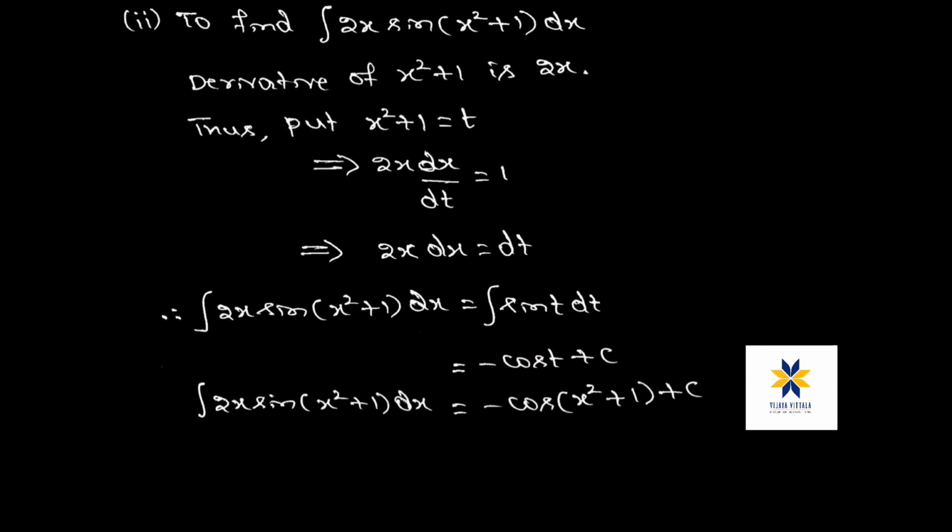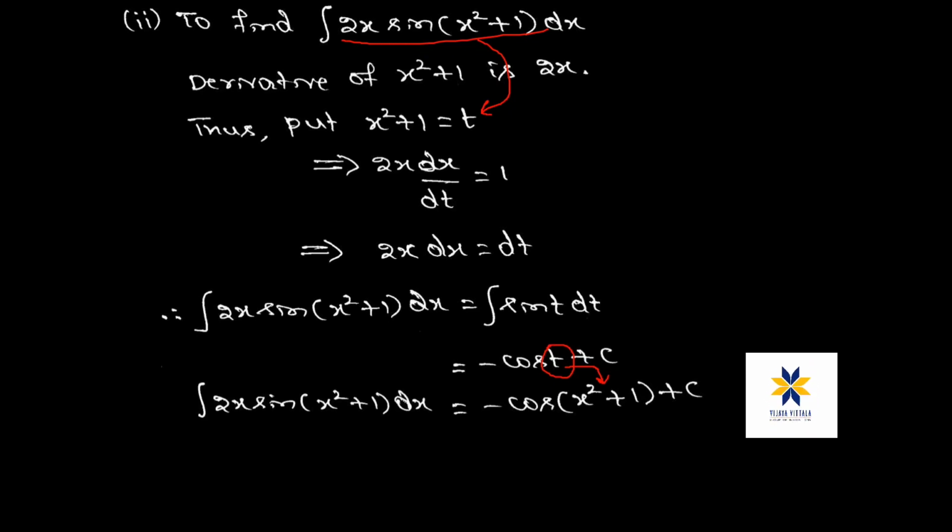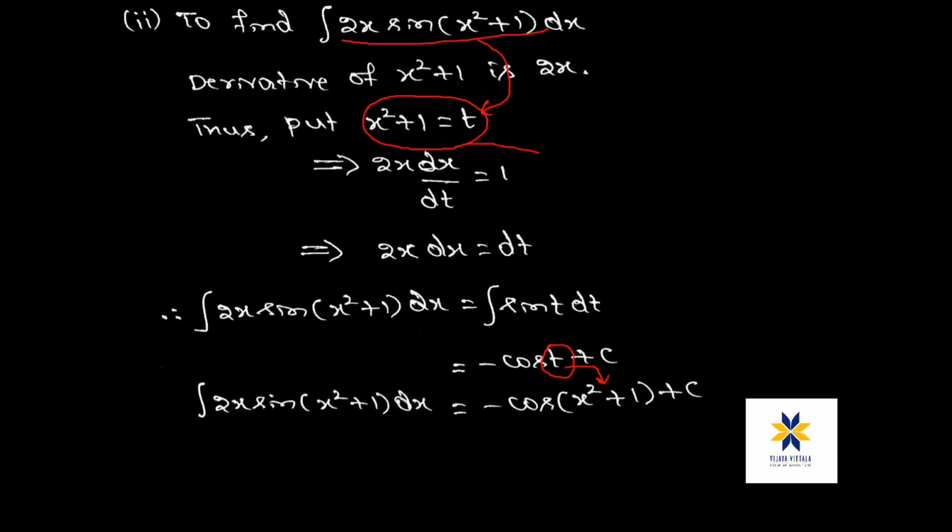Let us substitute back in the place of t as x square plus 1, because we want the answer finally in terms of the original variable, which was x. For just simplicity, to bring it to the simple level, we had substituted thus. After simplifying, we need to replace t back by x square plus 1, which we have done here in the last step.